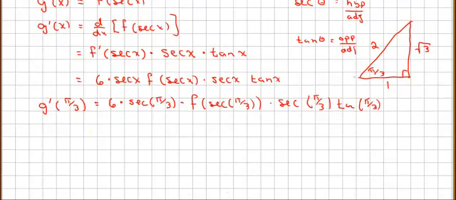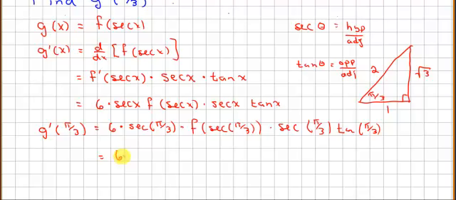So what we'll have here is 6 times secant of pi over 3, hypotenuse over adjacent, which is 2 over 1, or just 2, times f of secant of pi over 3, that's f of 2, times secant of pi over 3 again, which is 2, times tangent of pi over 3, which is opposite over adjacent, square root of 3 over 1, or just square root of 3.